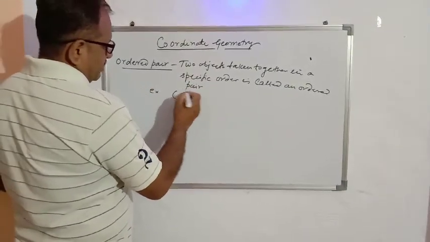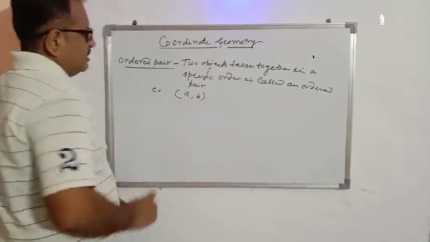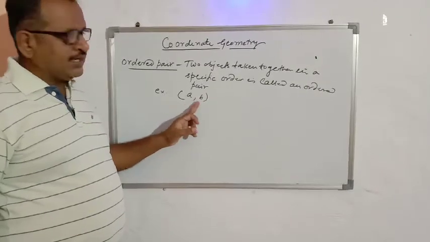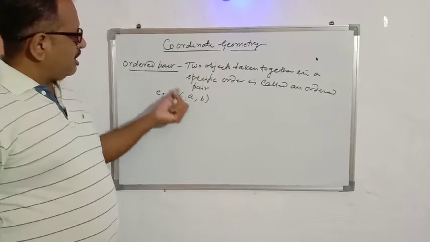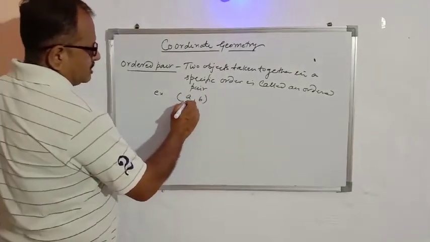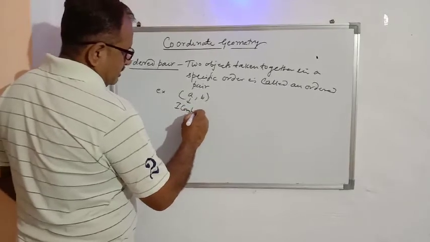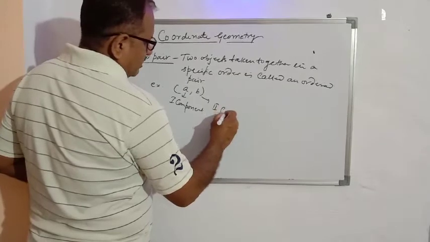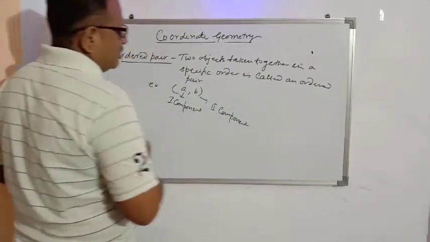Example, suppose two objects are A and B. We will write the two objects A and B in small brackets separated by comma. So in this way we represent the ordered pair. A is called the first component of the ordered pair, and B is the second component of the ordered pair.